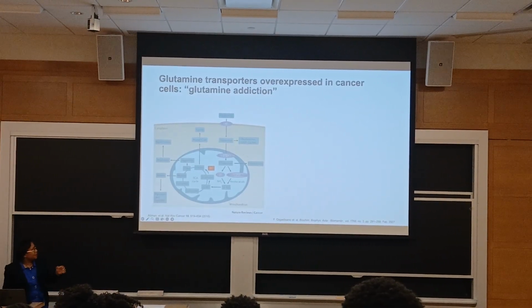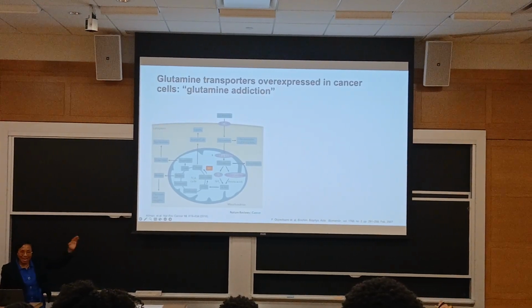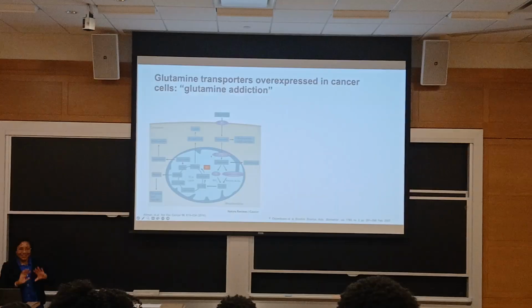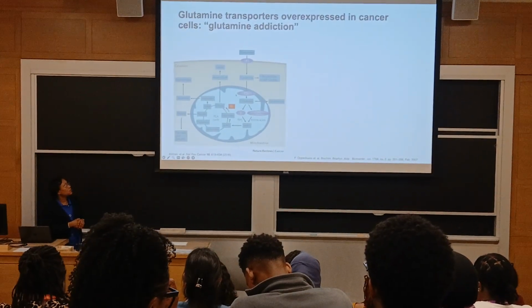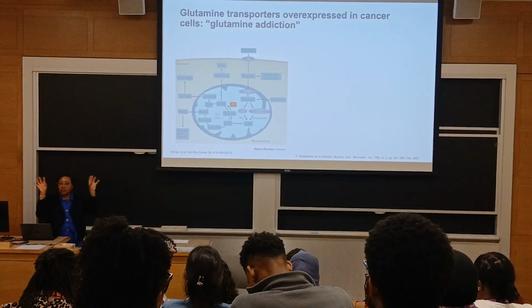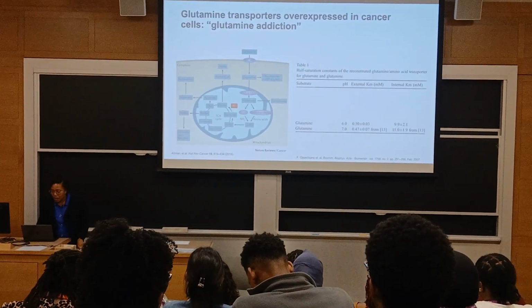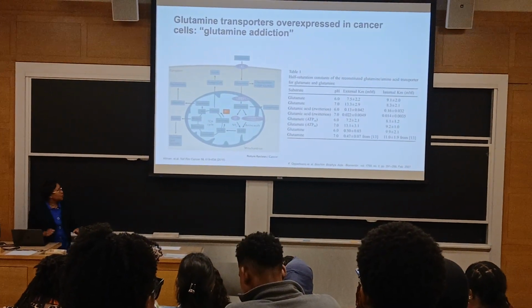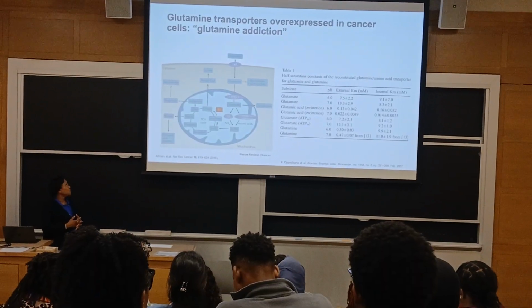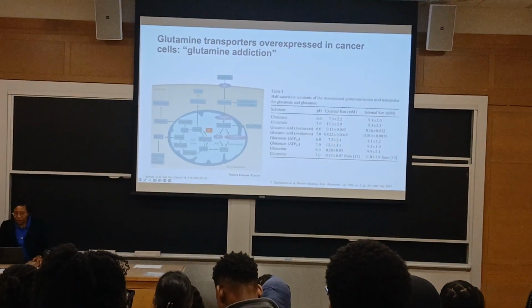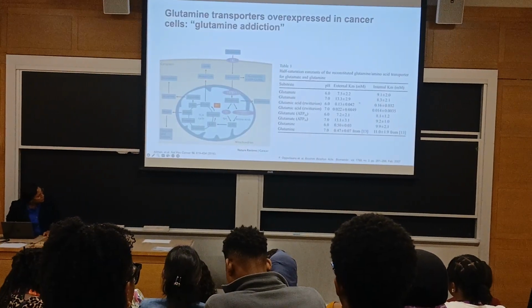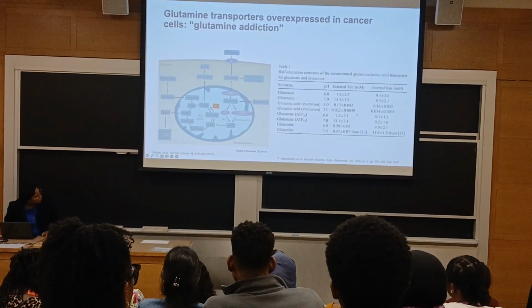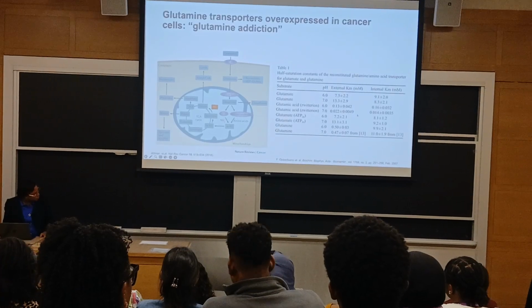And this, hats off to my biological friends, is like a metabolic diagram of what happens, but the key issue here is that because the cancer cell needs a lot of glutamine, it puts out a lot of these amino acid transporters. And it turns out that if we look at the binding constant for glutamate versus glutamine, when glutamate is in its slightly acidic form, it actually can outcompete glutamine.